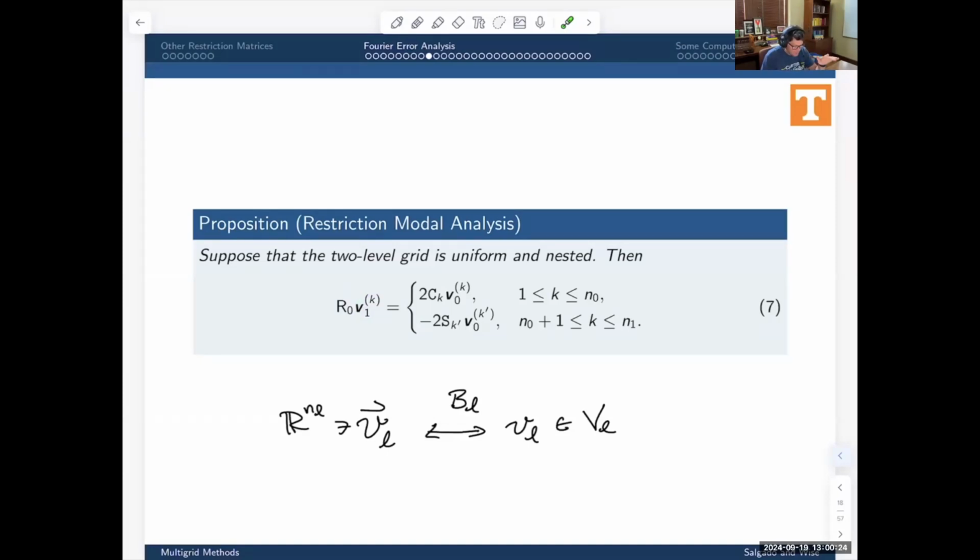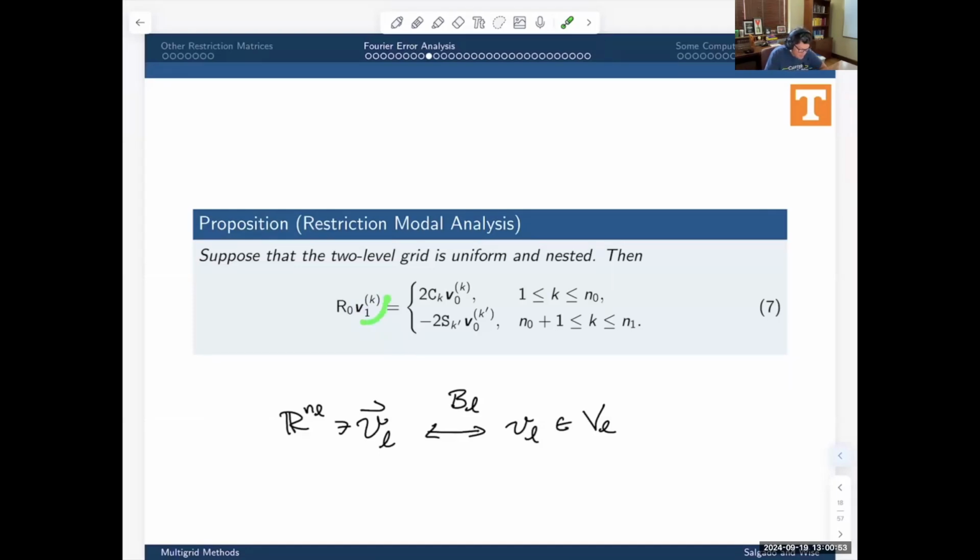So what we needed to do with our modal analysis, our Fourier analysis, is figure out how the restriction operator moves modes, or functions, on the fine grid to the coarse grid. In this case, we're really interested in these sine waves or modes. How does the restriction matrix move a mode, a sine wave, on the fine grid down to the coarse grid? Well, it does it in a sort of funny way. Think about it like this.